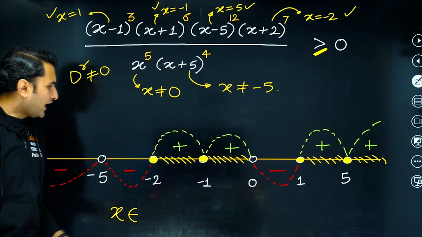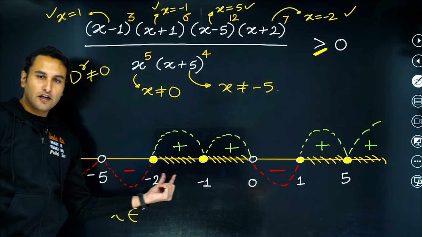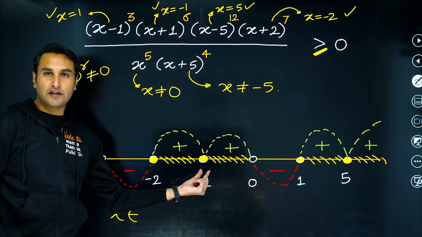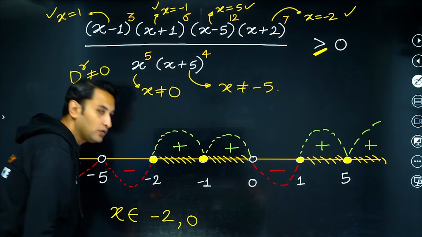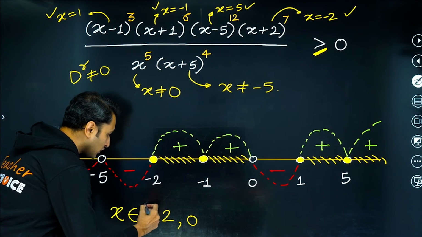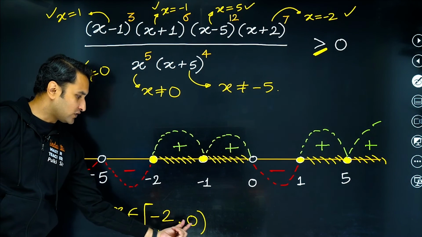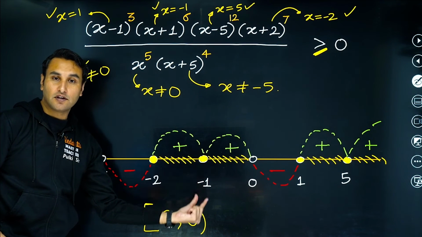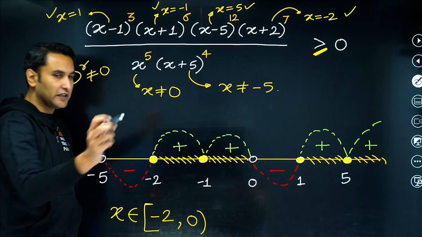Do you realize I need not stop at minus 1, because minus 1 is already included if I go directly from minus 2 to 0? I need not do the break journey. I can directly say let us go from minus 2 to 0, eating all the values in between, but keeping minus 2 closed and 0 open. When you go from minus 2 to 0, you have already included minus 1 in between. Good, no problem.